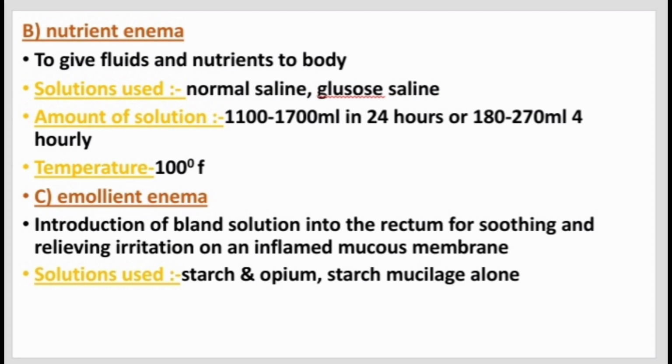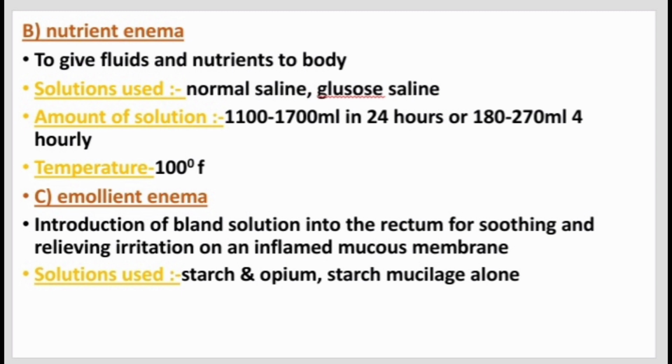This is to give fluids and nutrients to the body. The solution used is normal saline and glucose saline. The amount of solution is 1100 to 1700 ml in 24 hours or 180 to 270 ml 4 hourly. The temperature of the solution is 100 degree Fahrenheit.